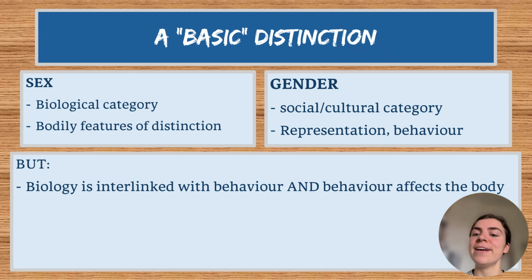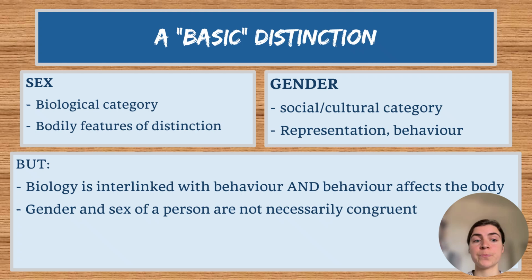I'm not, but this is the principle. Whatever you do in your life, what you eat, how you behave, how you move your body, it affects your biological features. It makes your muscles grow and makes your bodily appearance very distinct. This means that gender and sex are absolutely interlinked and sometimes can't be that clearly distinguished from each other.